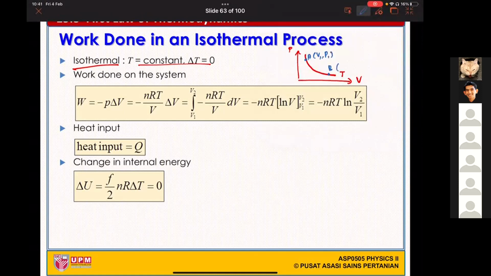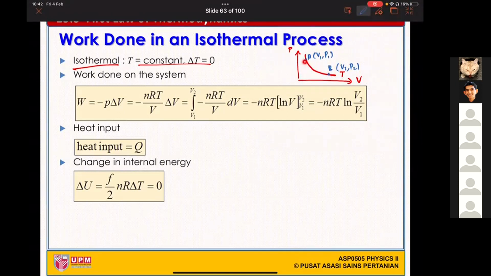Untuk B adalah V2, P2. Maknanya dekat position A, dia ada own value volume dengan own pressure. Bila kat point B, dia ada own value volume dengan own pressure.